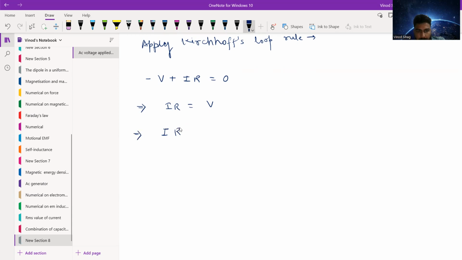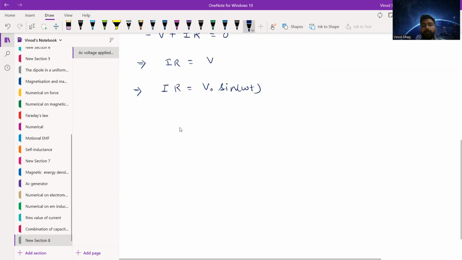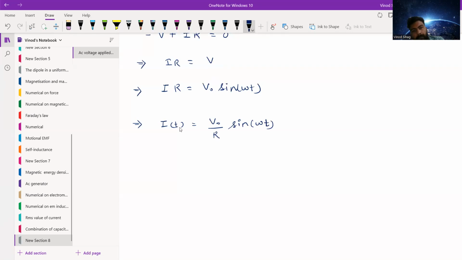Now let's place the expression for voltage V. So it will be IR equals V naught sine omega t. Now we can find out the equation for current at time t. That will be I at t equals V naught upon R sine omega t. From this equation, we can say that the value of V naught and the resistance R both are constant.